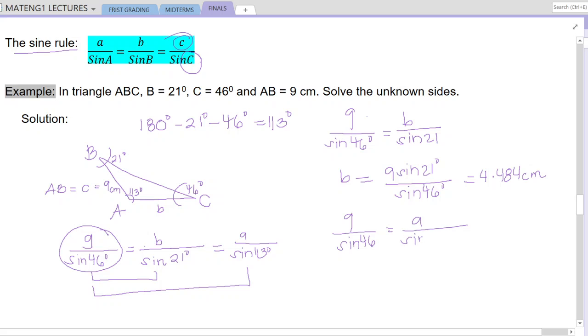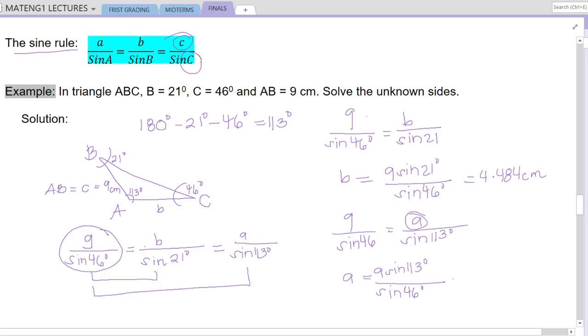Okay, so next we equate the other, that is 9 is to sine 46 is equal to a is to sine 113 degrees, or that is line BC or side BC. Okay, so to be able to get that one, we cross multiply again. A there is equal to 9 sine of 113 degrees divided by sine of 46 degrees.